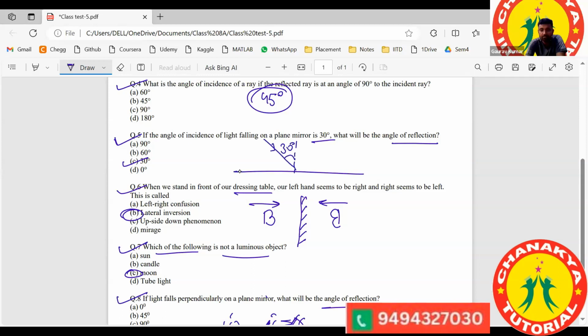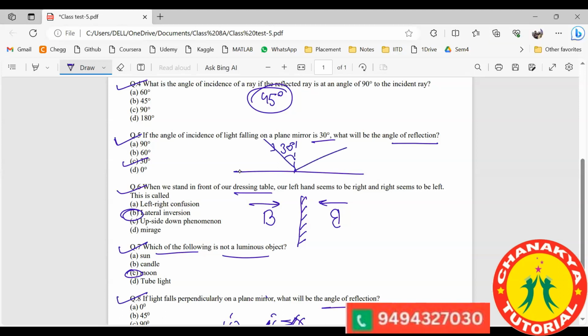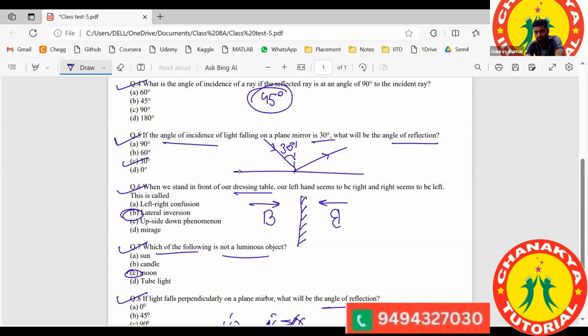In the previous class, you told us the angle at which the incident ray falls on the plane mirror. There is a difference between these two. In that question, light is incident at 30 degree with the mirror.